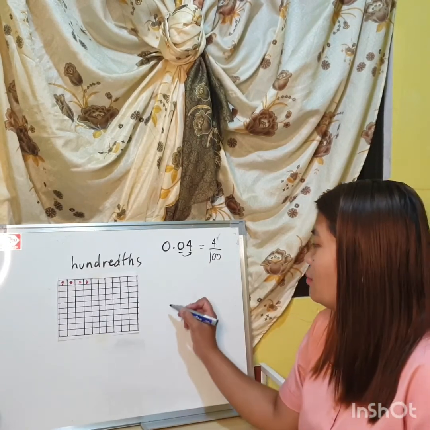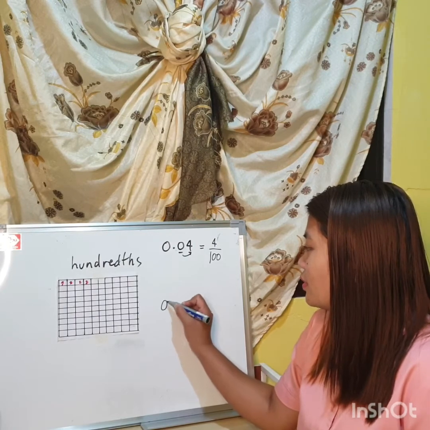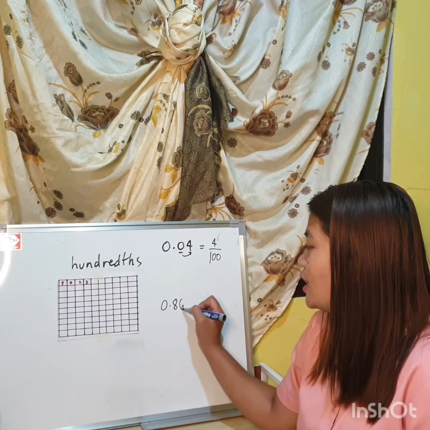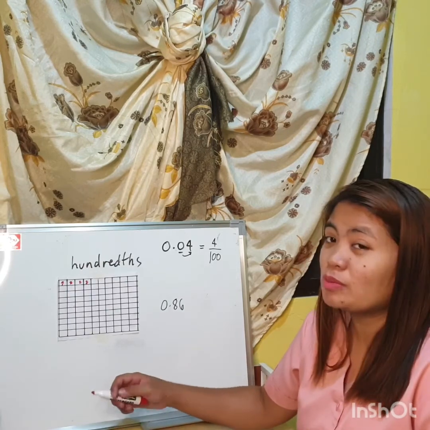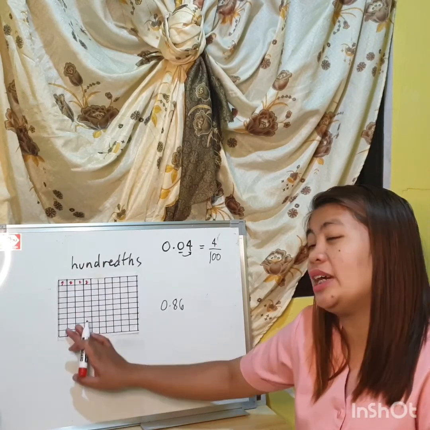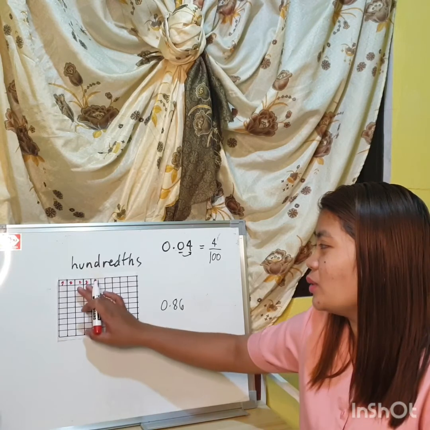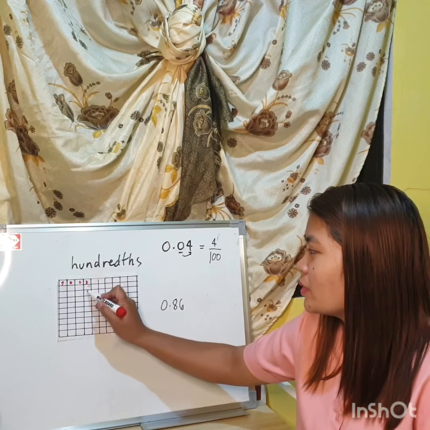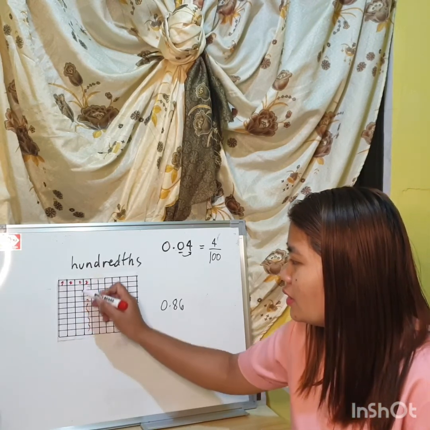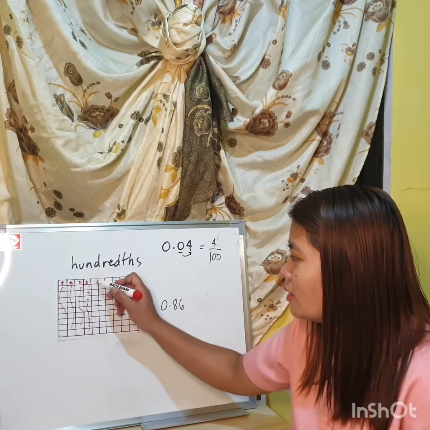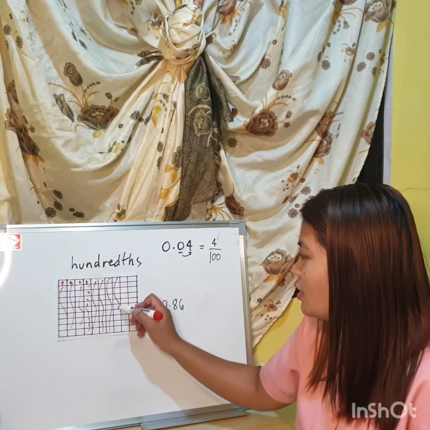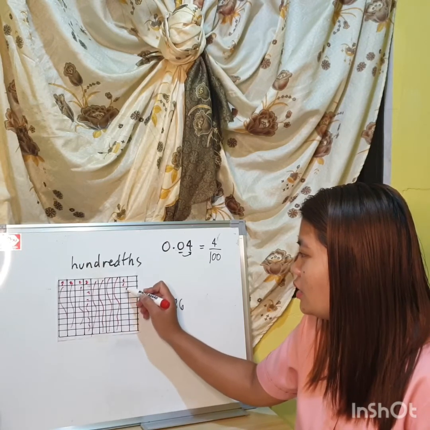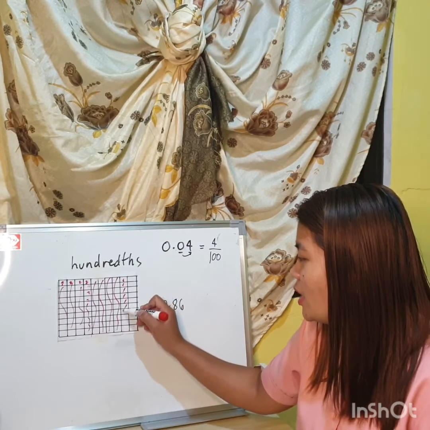Okay, ano pa example? Halimbawa naman ay 86 hundredths. So, bilang po tayo ng 86 mula po dito sa 1 unit na hinati sa 100. So, kung yun ay 4, hanggang dito, that is 40, 50, 60, 70, 80, 81, 82, 83, 84, 85, 86.